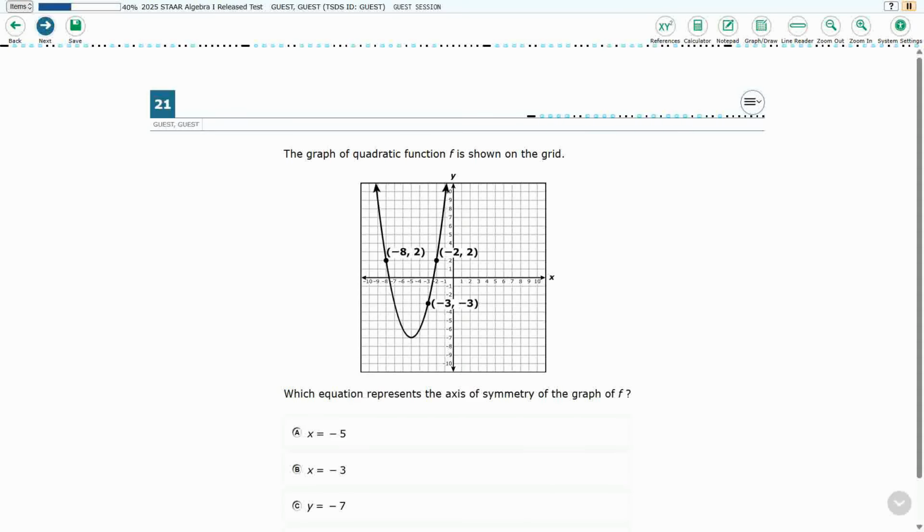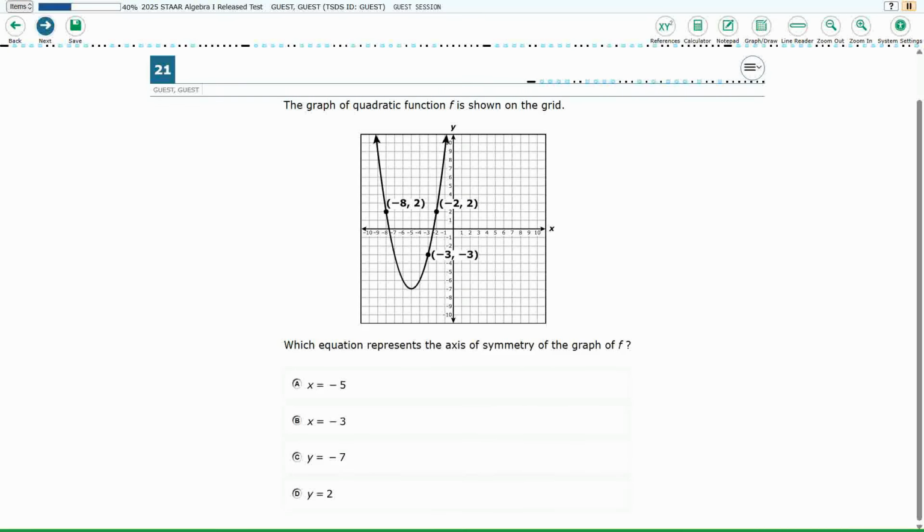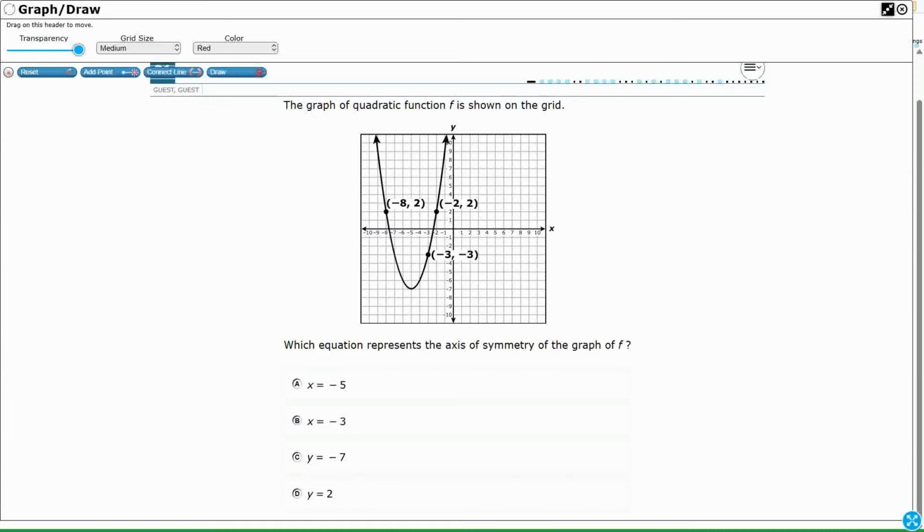Next, number 21, we are looking at attributes of quadratic function graphs. This is A.7a. Let me scoot this down a little bit. And we have a graph of a quadratic function. And we're looking for the axis of symmetry. Well, we can identify it by symmetry.